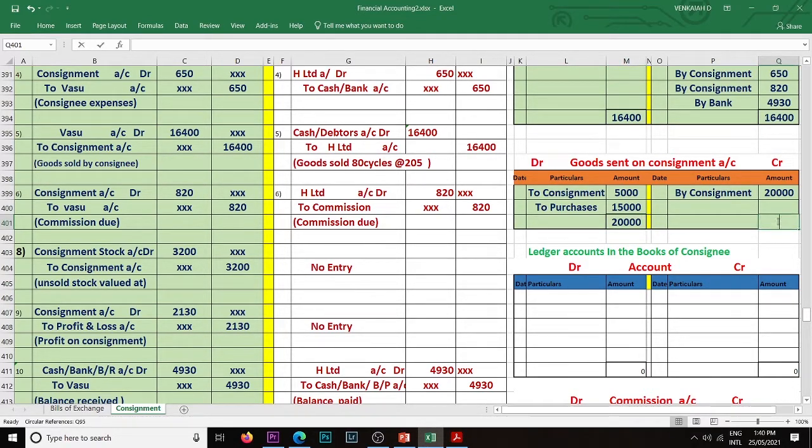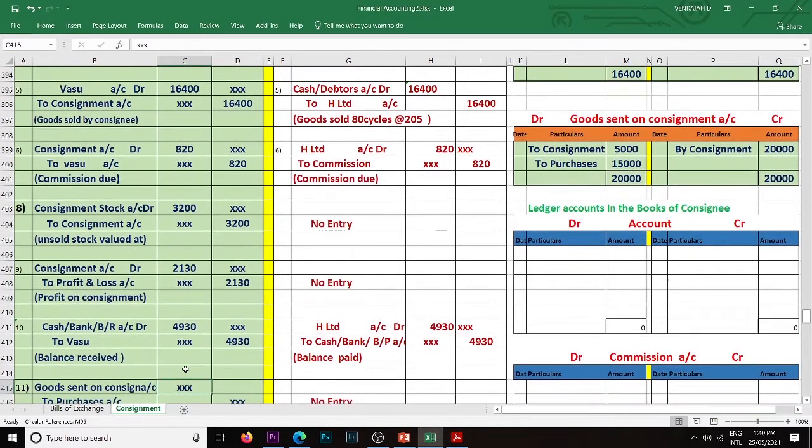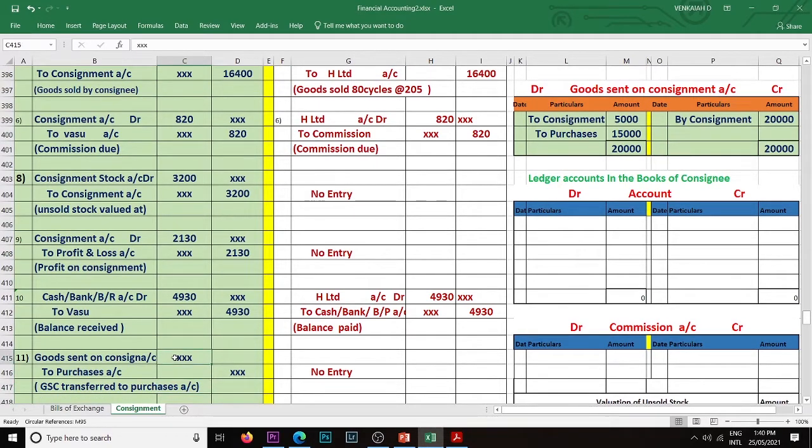Now also cost only we are transferring to the purchase account. Invoice price is how much? 20,000. Loading is how much? 5,000. It is unloaded by 5,000. Then the value at cost price is 15,000. Already we prepared the entry for that. Just posting the 15,000.